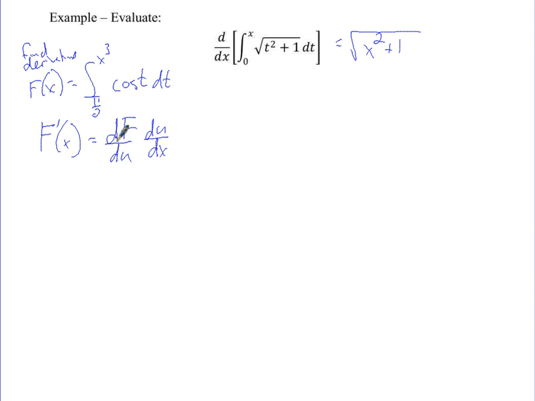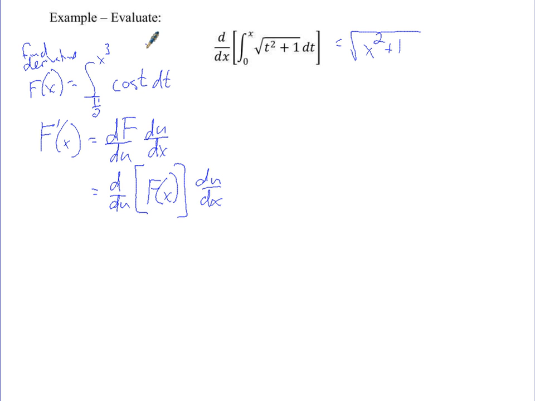So I can rewrite this as d over du of capital F of x, which we know is this, and then I still have this du over dx here. So right now, what I have sitting here is this guy.